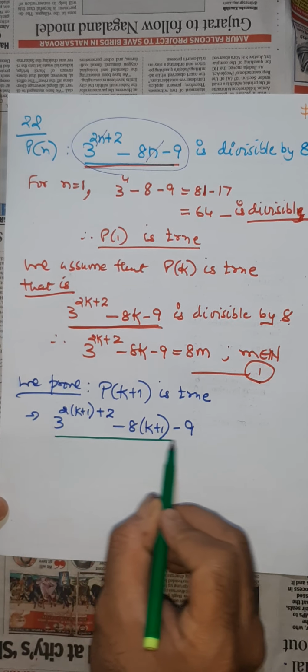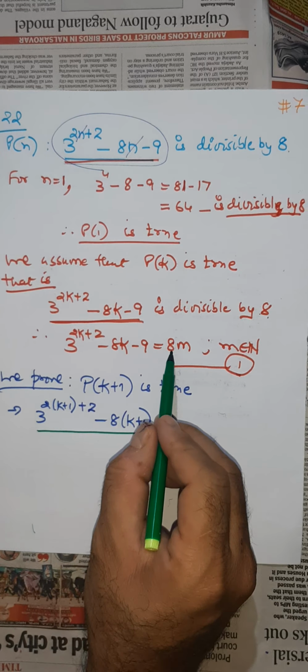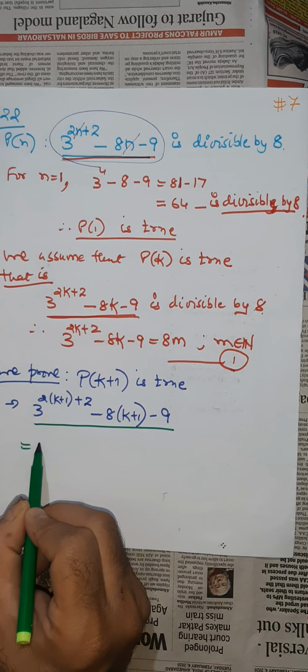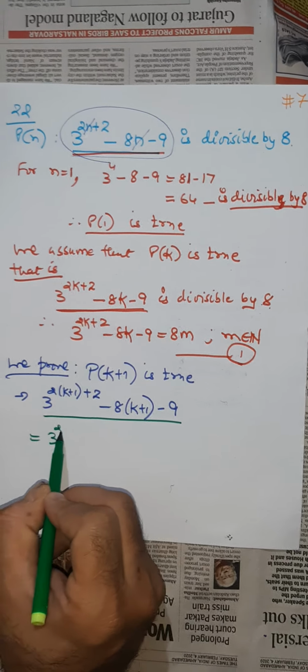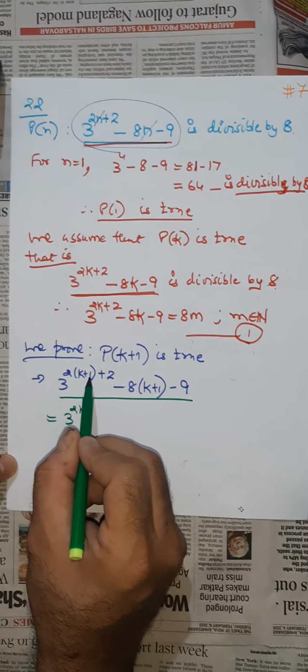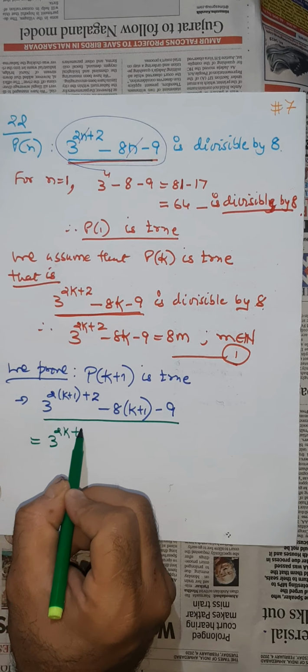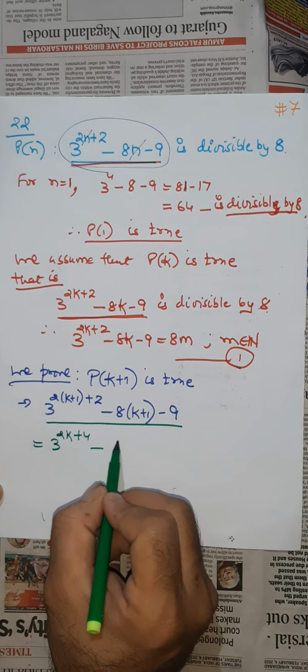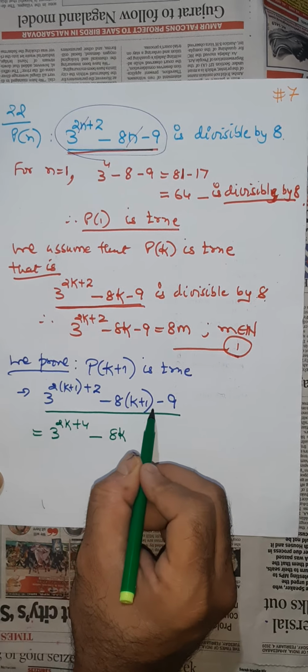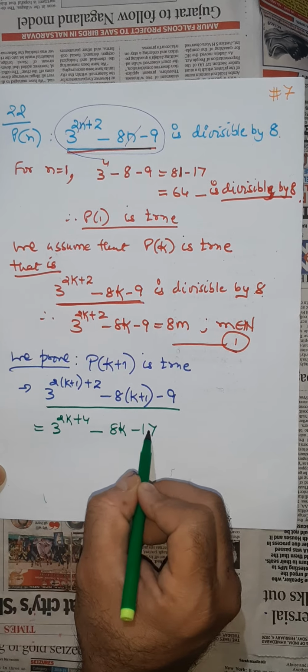We simplify this and we'll show that this is a multiple of 8. So here 3 raised to 2k plus 2 plus 2, so plus 4, minus 8k minus 8 minus 9, so minus 17 here.